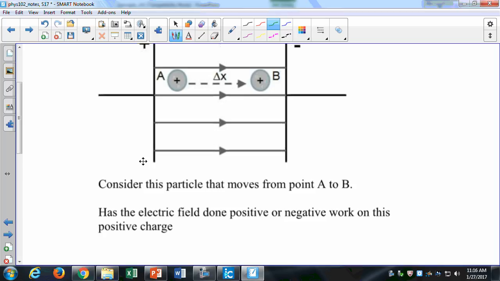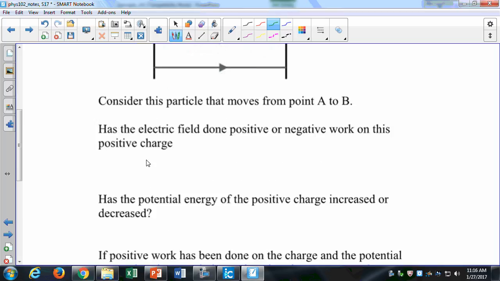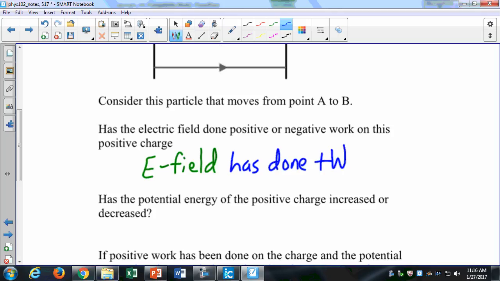It's positive because the force is to the right and the displacement is to the right. So the electric field has done positive work. I'm going to go to blue, guys. The force and the displacement are in the same direction.